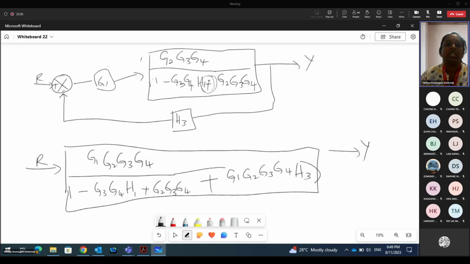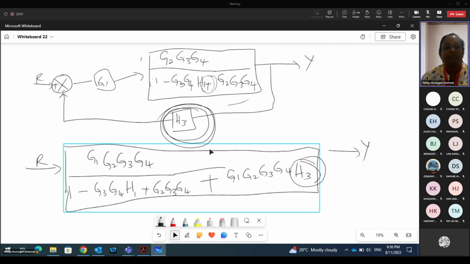So the G here is G2, G3, G4, and then H here, we didn't combine any H right now, so we put just H. But in this case, we are simplifying this feedback loop. So that is the reason we have G3 incorporated into the block diagram.